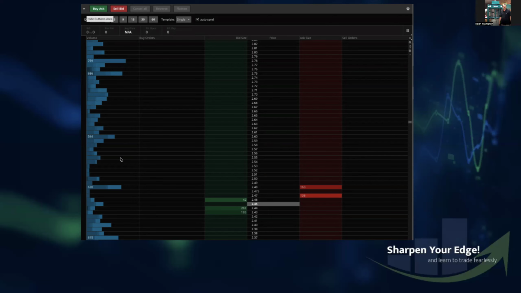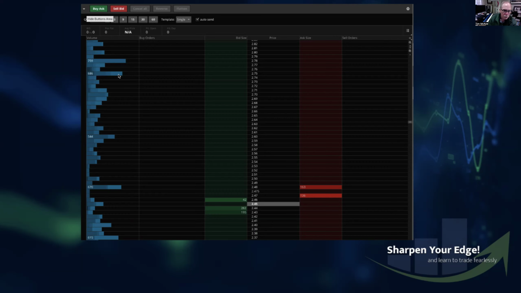Are the shades of these bars on the left associated with bid and ask orders, or are these actually traded orders? These are actually traded orders. The way it works is it shades from darker to lighter. As it gets lighter, it just represents more volume.